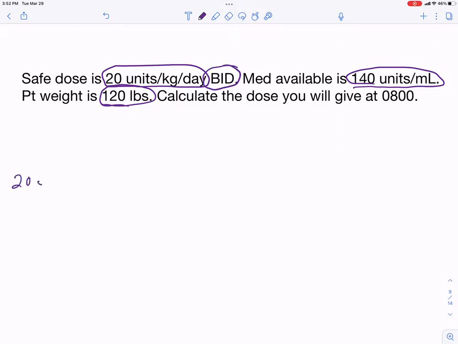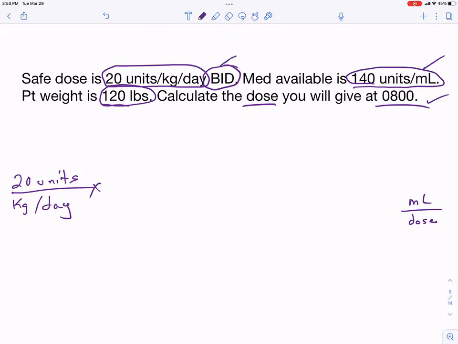So 20 units over kilogram per day. What is my wanted? They want the dose that you're going to give at a specific time. So the only thing I know and can see is that it comes in milliliters. And I need a dose. Calculate the dose. A specific time dose.